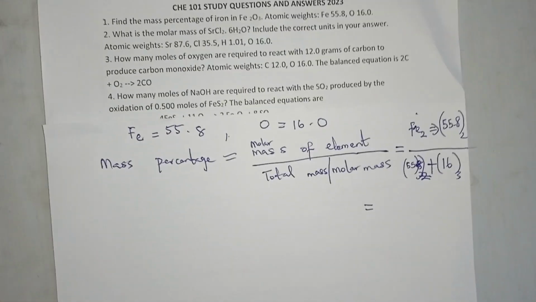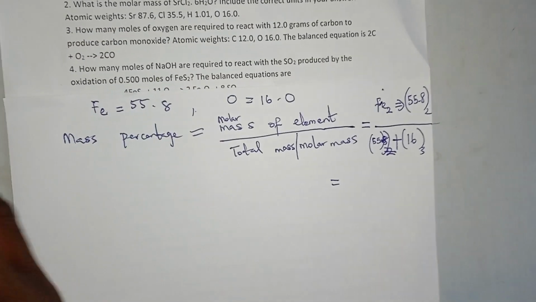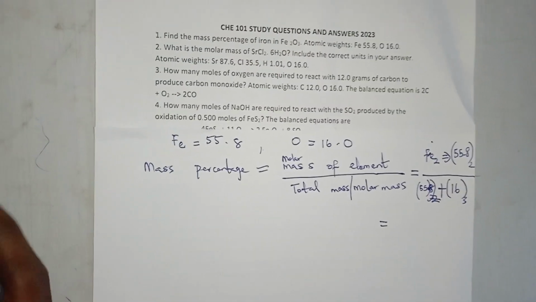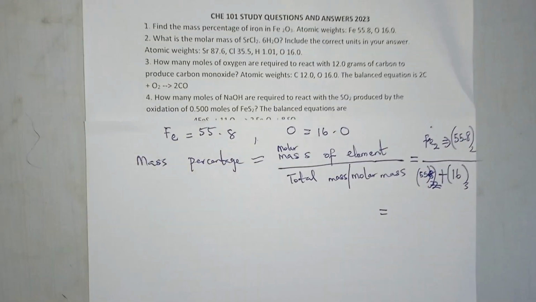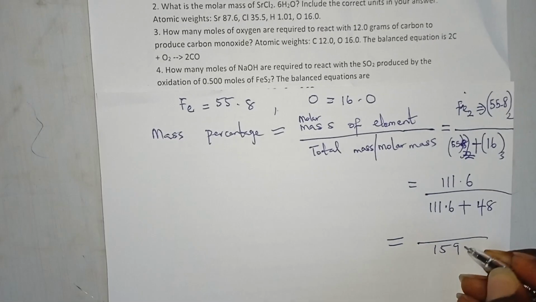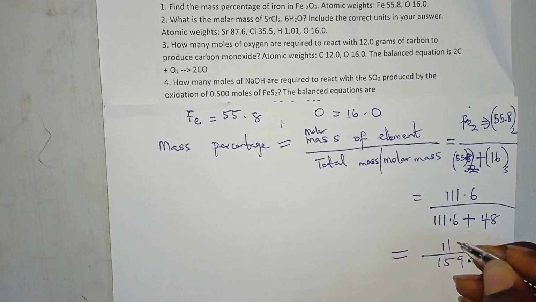This is going to give me, if you punch it, 55.8 times 2 is 111.6 and the total is 159.6.